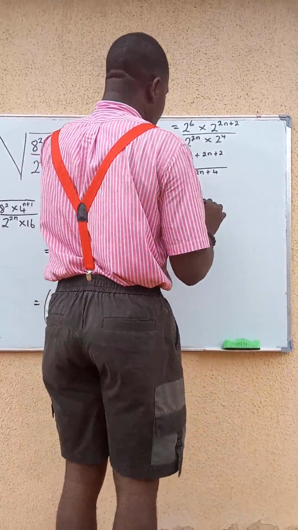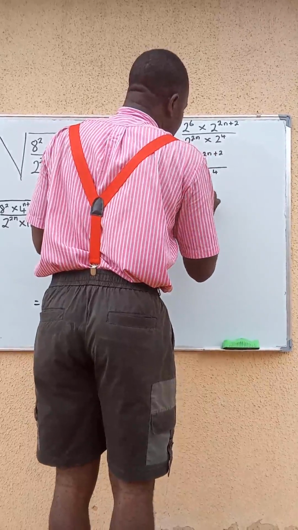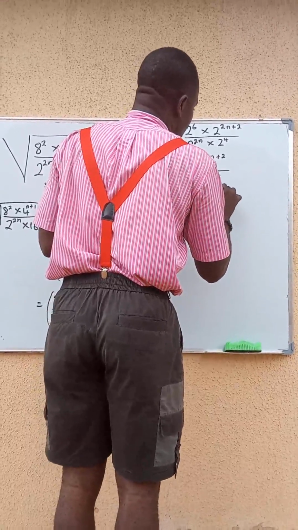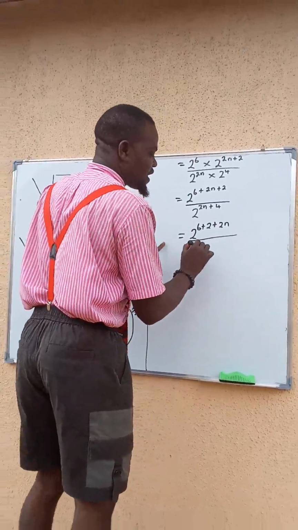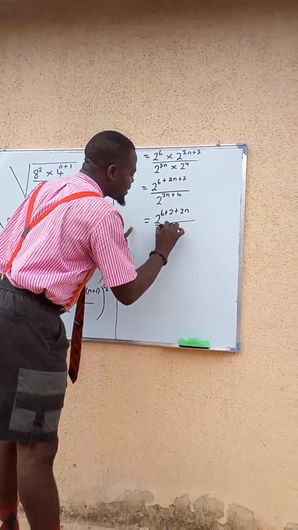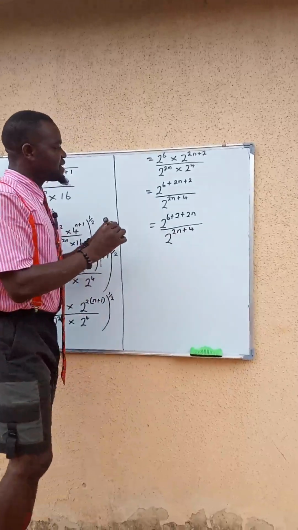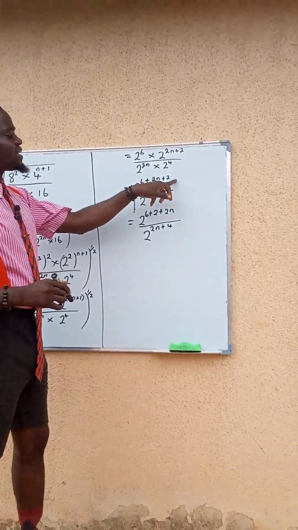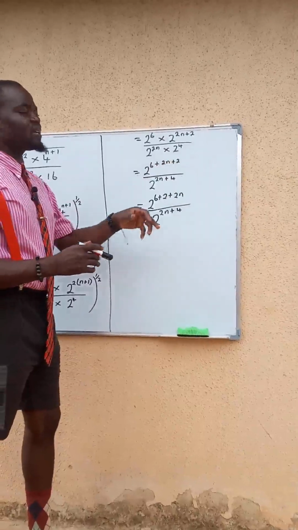And this will now be what? 2 raised to the power of 6 plus 2 plus 2n over 2 raised to the power of 2n plus 4. Do you know what I did here? I collected like terms. 6 and 2, they are the same. 2n is different.